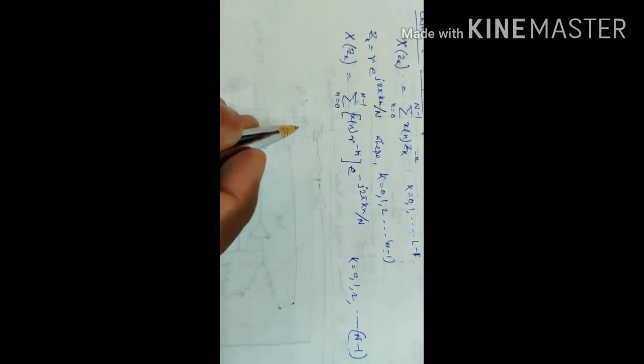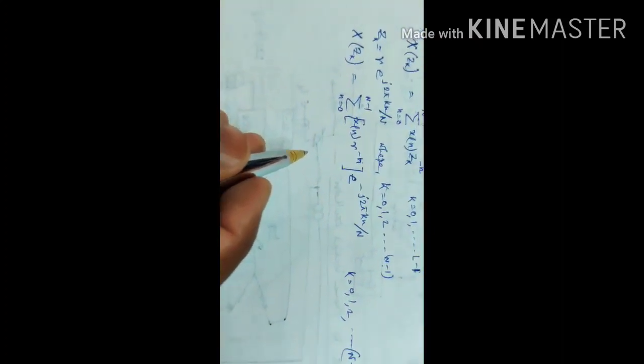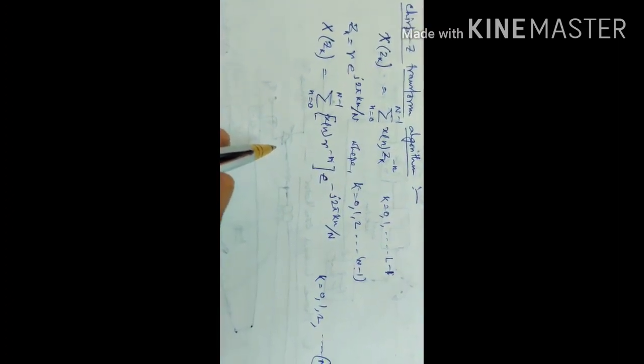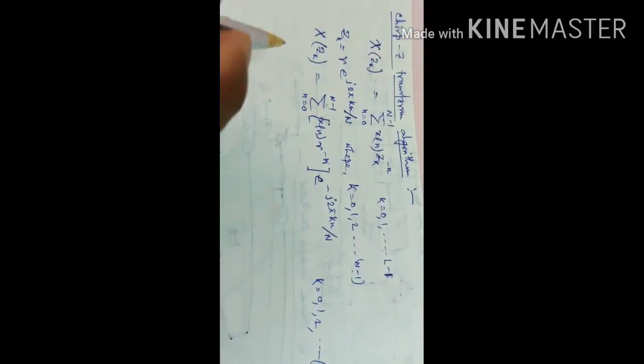So in this case, the FFT algorithm can be applied on the modified sequence, that is x(n) into r to the power minus n.